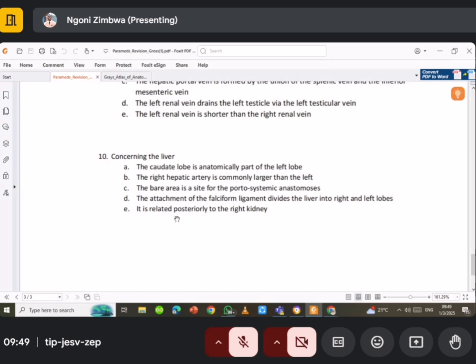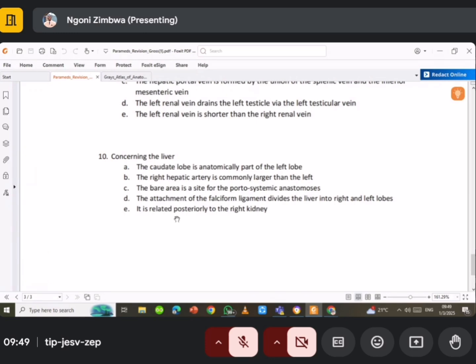To the right, the anterior and posterior coronary ligaments join and form the right triangular ligament. To the left, they form the left triangular ligament. Between that, you find the bare area. And within the bare area, you have your inferior vena cava as it receives the 3 hepatic veins, right? So that's the site for portal systemic anastomosis.